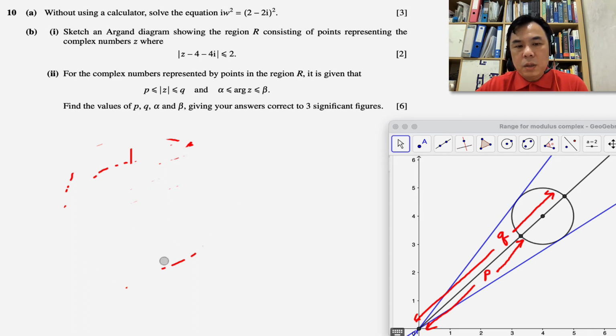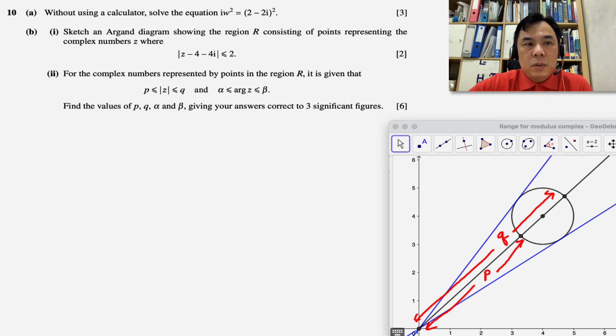Let me do this very quickly. We're going to start off by finding the shortest distance p first. How do we find the shortest distance p here? It's also quite direct. I would say that we can take the distance here. All right, I did not draw very accurately here.